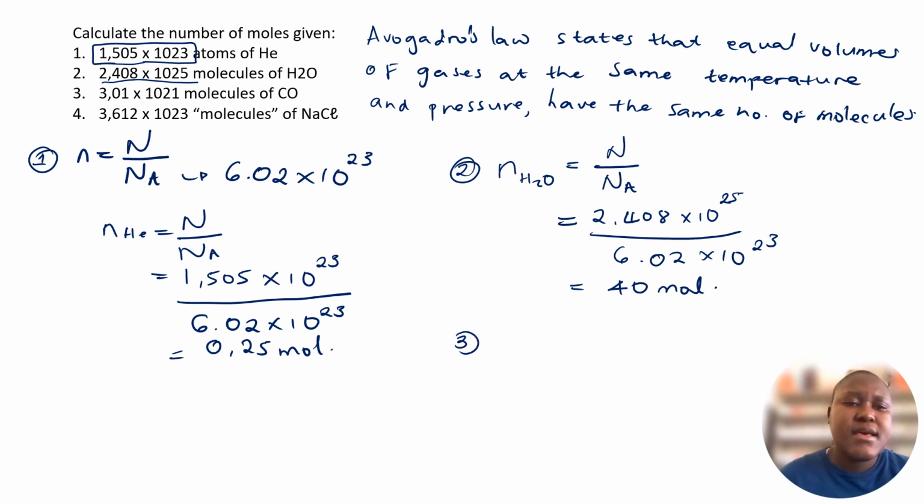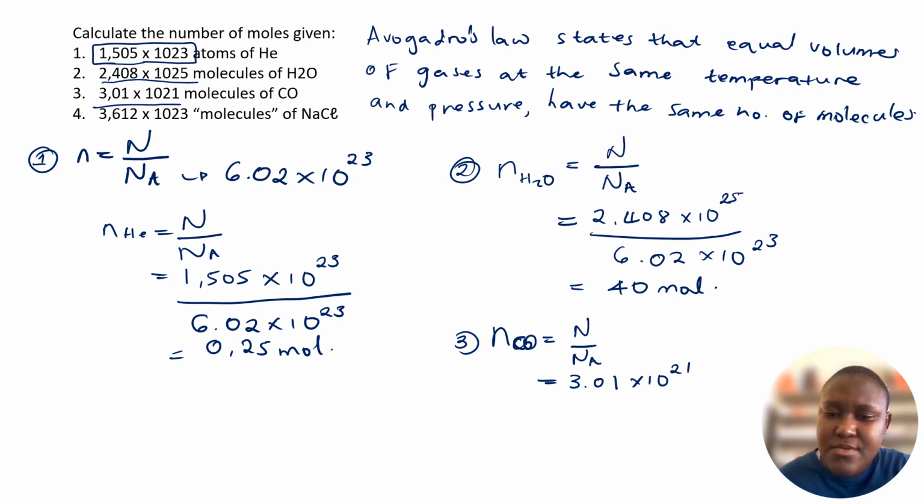And the third one says, calculate the number of moles given 3.01 times 10 to the power 21 molecules of CO. Number of moles of CO equals, let me just make sure you know that that is carbon monoxide and not cobalt, n of CO equals N over NA, which is 3.01 times 10 to the power 21 divided by Avogadro's constant, 6.02 times 10 to the power 23.